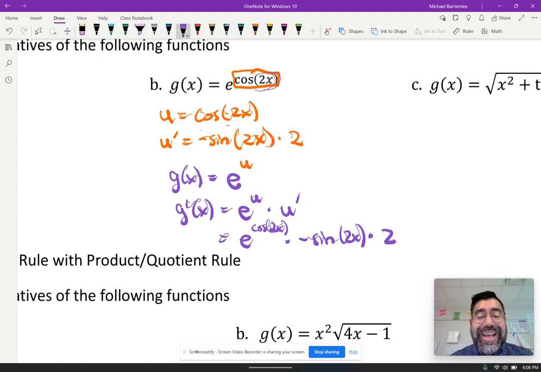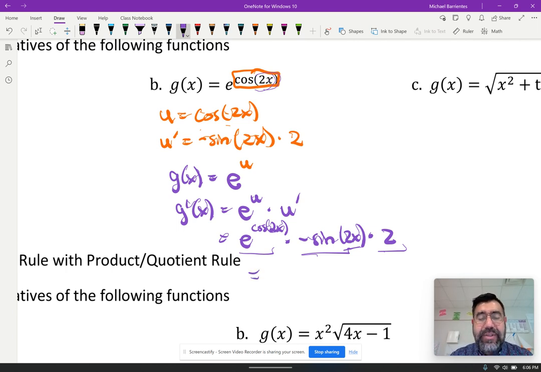So notice that I ended up with 1, 2, 3 terms that I'm multiplying, and thus creating a chain of derivatives, because I started with the derivative of the outer with the inside still in it times the derivative of the inside times the derivative of the inside. And that's how I create this chain of terms that are being multiplied.